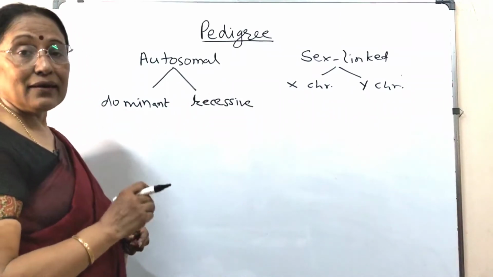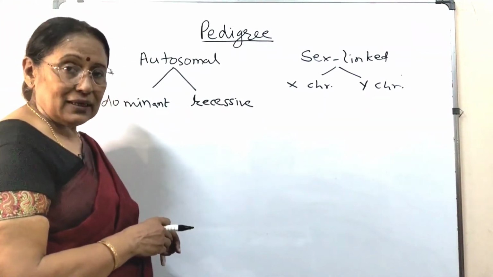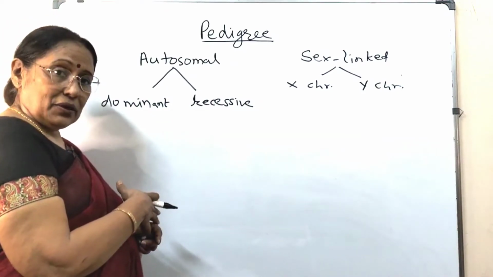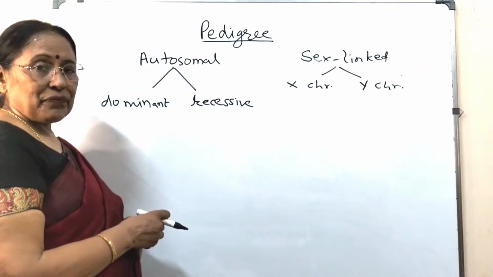How to know whether a character is autosomal or sex linked, and then whether it is dominant or recessive?